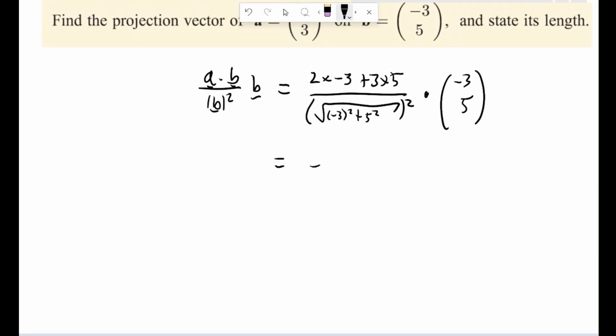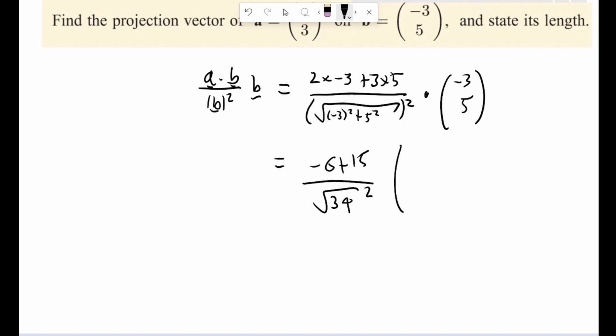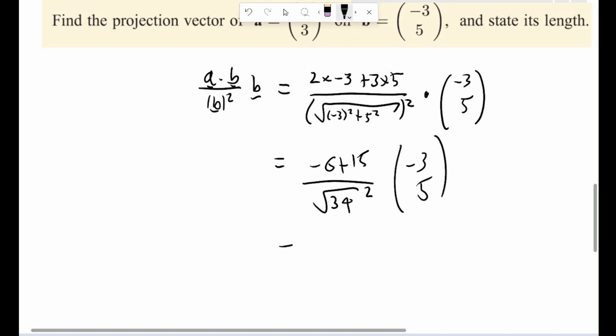All right, so what are we going to get? Minus 6 plus 15. And then on the bottom of this fraction, we're going to get square root of 25 plus 9, so square root of 34 squared, times minus 3, 5. And if we take a square root and square it, well, we're just going to get the number on its own. So that's 34 on the bottom, and then we're going to get 15 take 6.